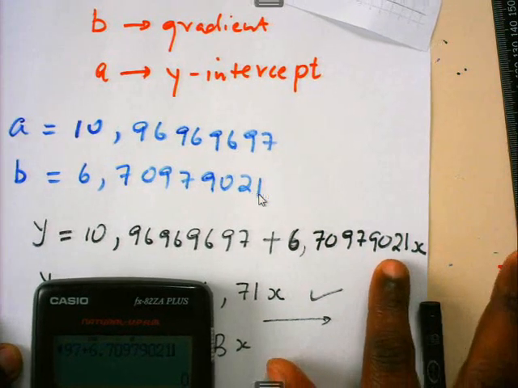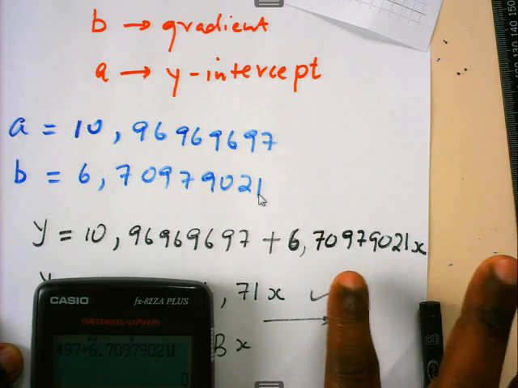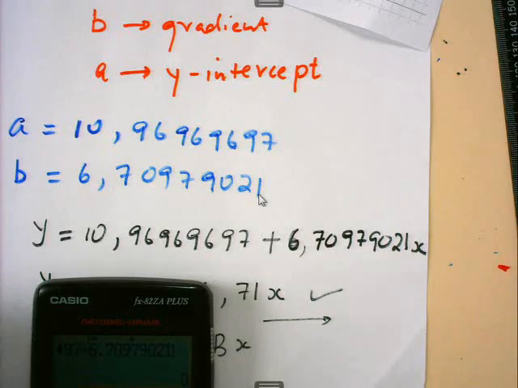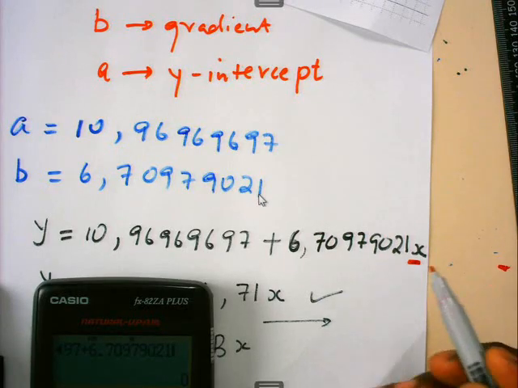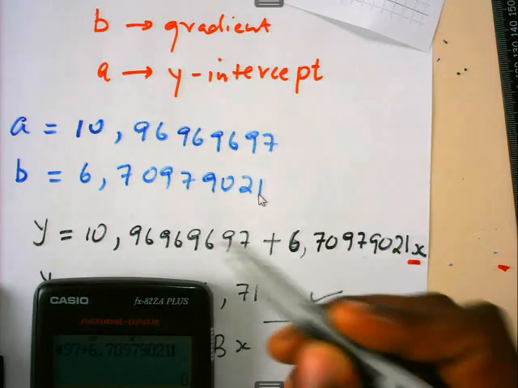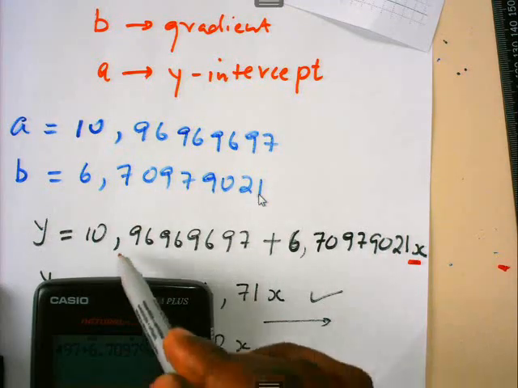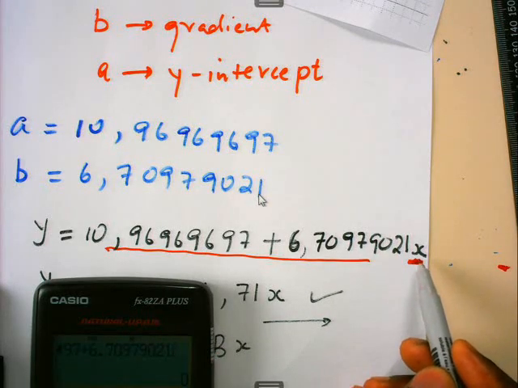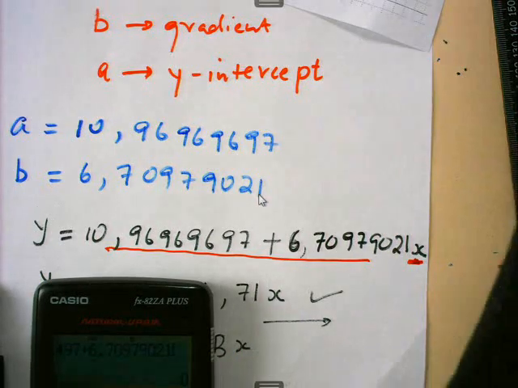Do you agree with that? I'm sure we are very accurate on our calculator. Now after putting in that value, what do we do? We look for the value of x on our scatter plot, so that when we substitute this value of x, we can find the value of y.